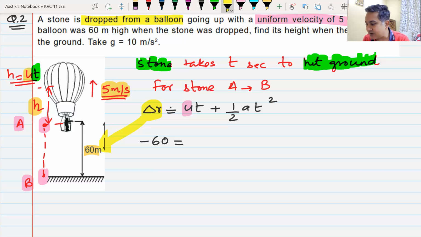So now what is the value of U? 5 meters per second. U is a vector. You do a lot of disservice to physics when you don't call them vectors. You just call them numbers. Sir, minus 5.